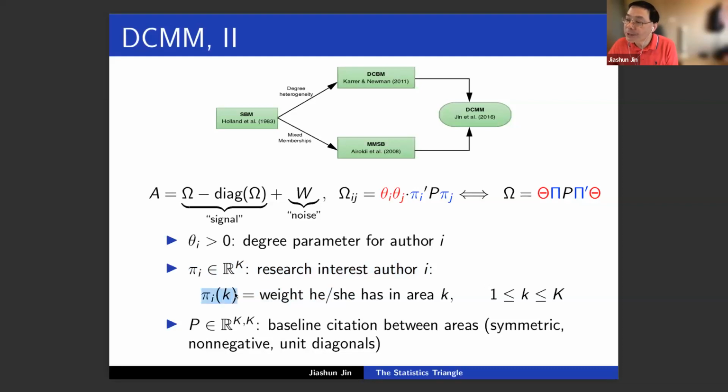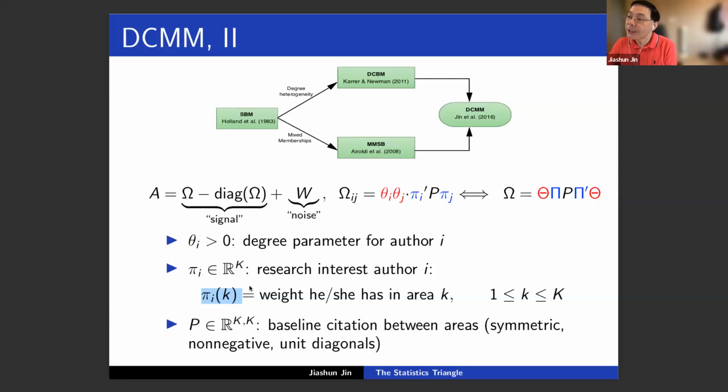If i is Jiashun Fan, then his research interest vector is a K-dimensional vector, and the entries are the weights he has in different primary areas in statistics. For example, he may have 10% in Bayesian, 80% in nonparametric, and 10% in biostatistics. In that case, capital K is 3, and his research interest vector is a 3-dimensional vector.